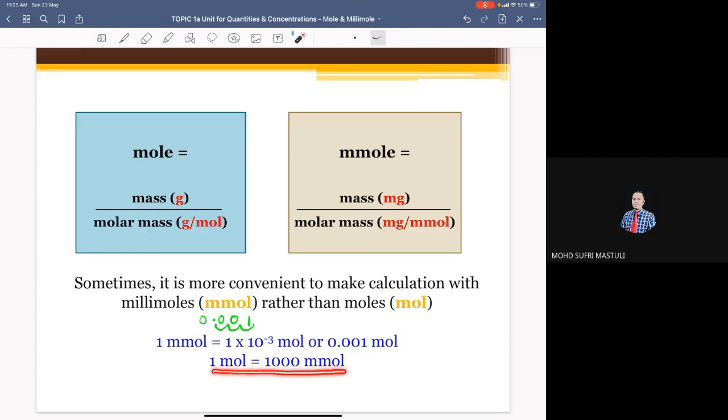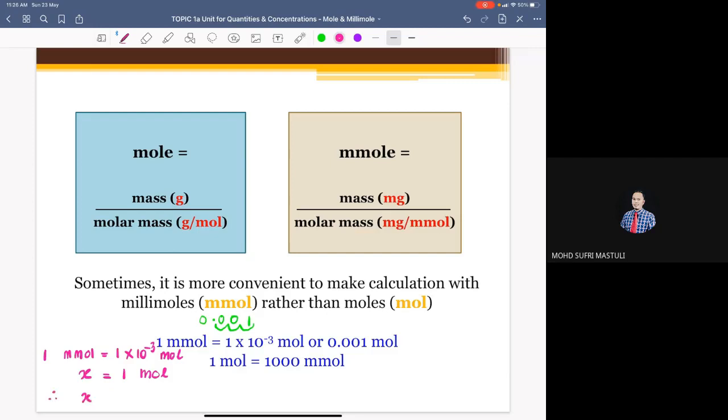You can do simple mathematics. 1 millimole is equivalent to 1 times 10 to the power of minus 3 mole. If you want to know what 1 mole is in millimole, you put it as x.